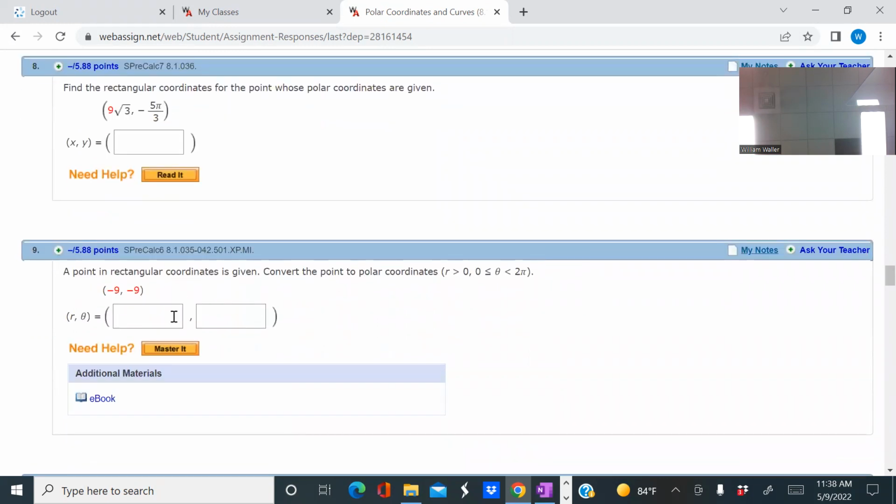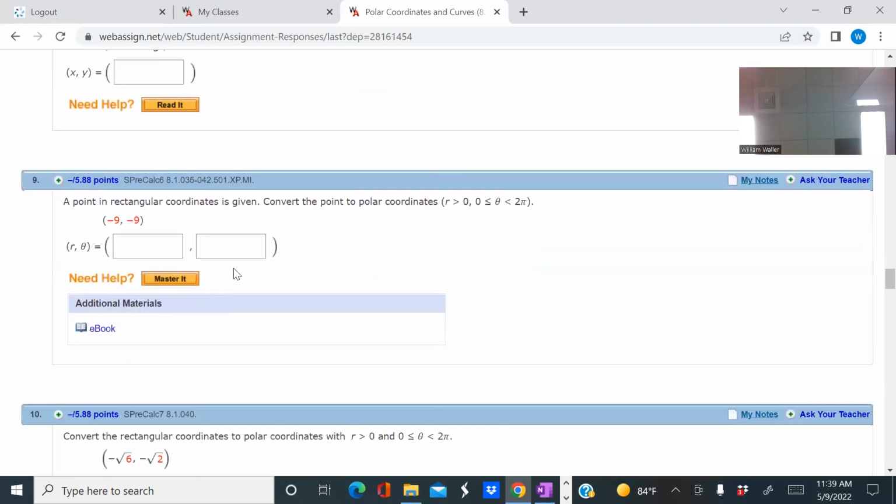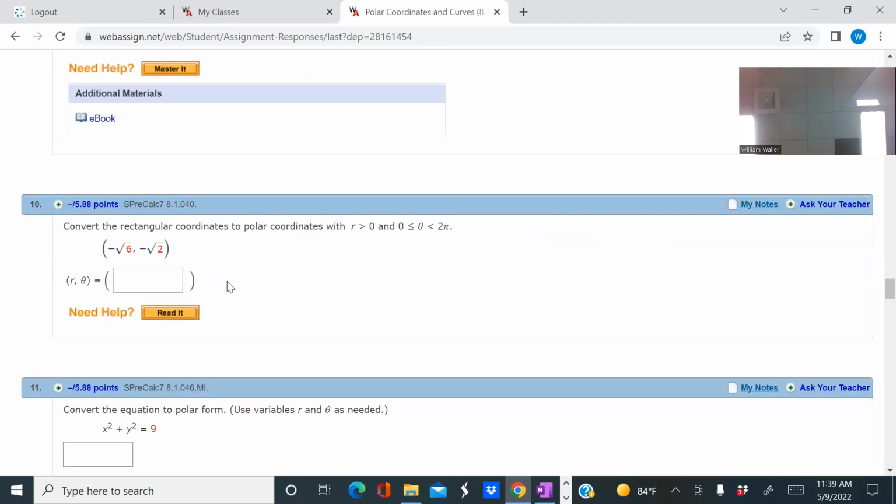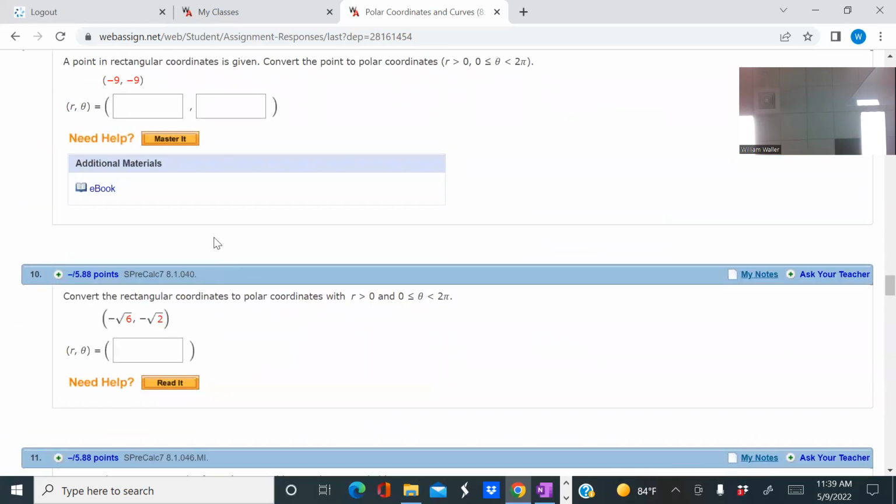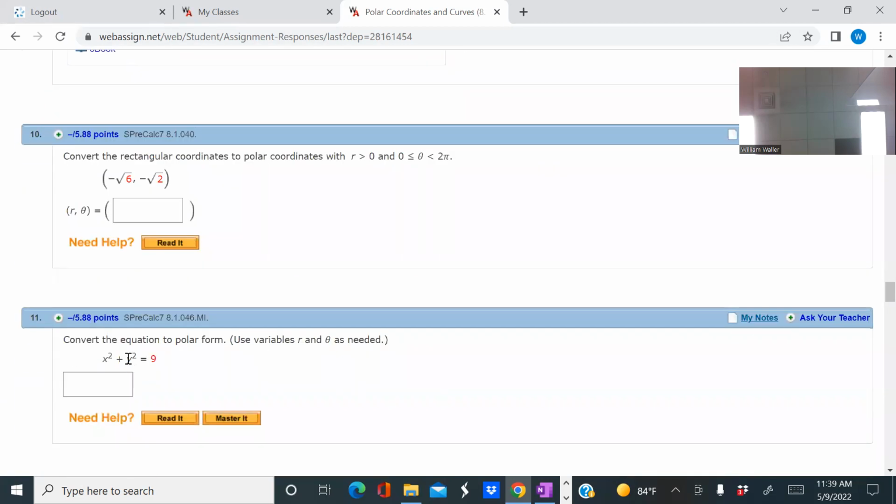But when you're converting rectangular to polar, that's where you have to be a little bit careful and make sure that you get the angle in the right quadrant. So be careful about, let's say, problem number 9 and problem number 10, because those points are in which quadrant? Third quadrant. So make sure when you write down your angle, you write down an angle in the third quadrant.